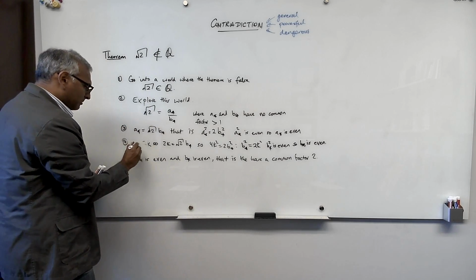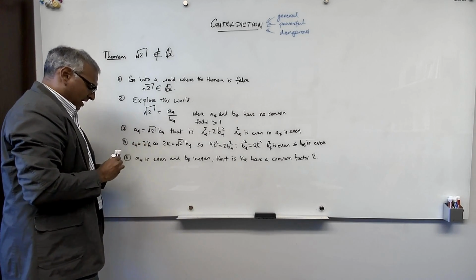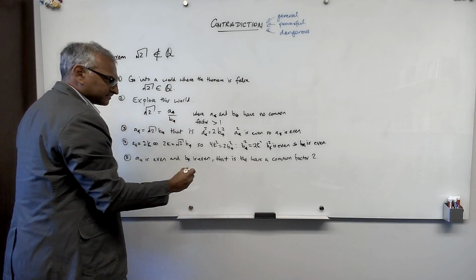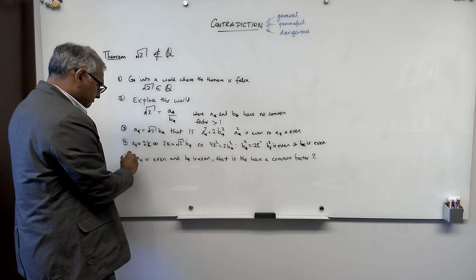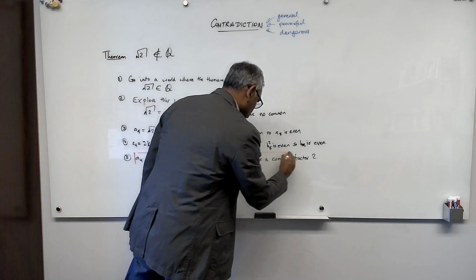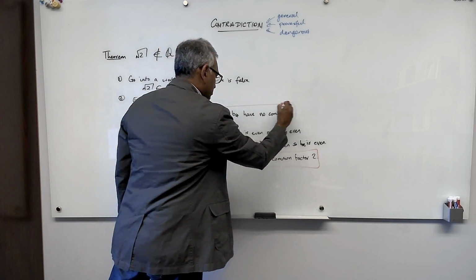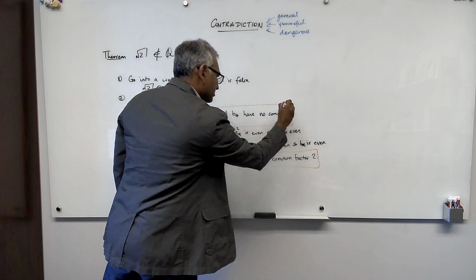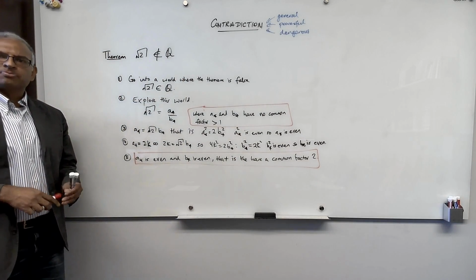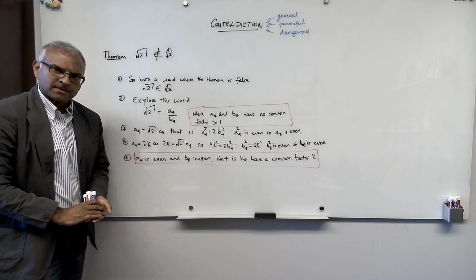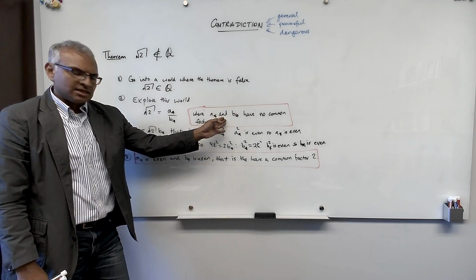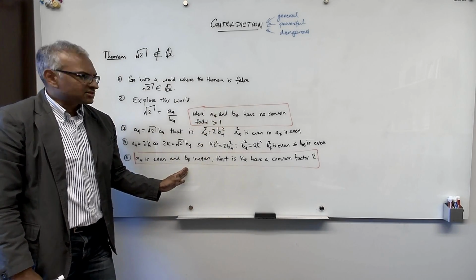They have a common factor 2. And I'm going to underline this. Okay, and I claim that we have a prototype fishy situation where I've said something and then I've said something that directly contradicts that. So what did I say?